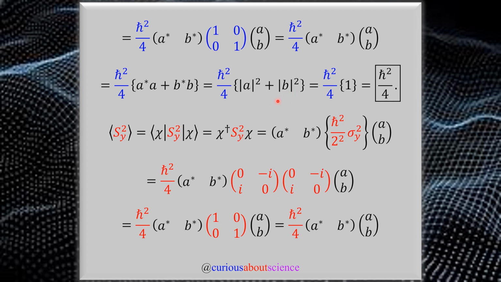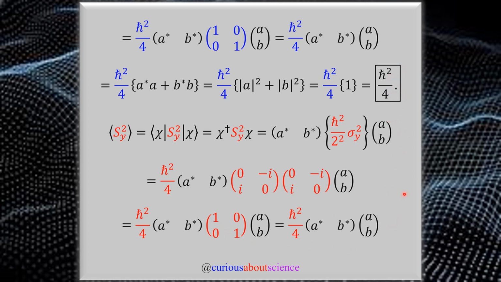But wait, we were told this spinor was any general normalized spinor. So because it's normalized, we know that a squared plus b squared equals 1. Thus, we get back the same result we proved last time, which was h bar squared over 4. How cool is that?